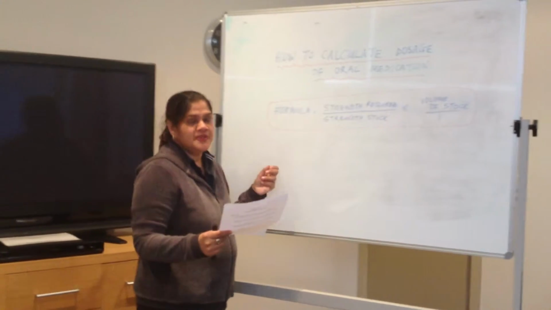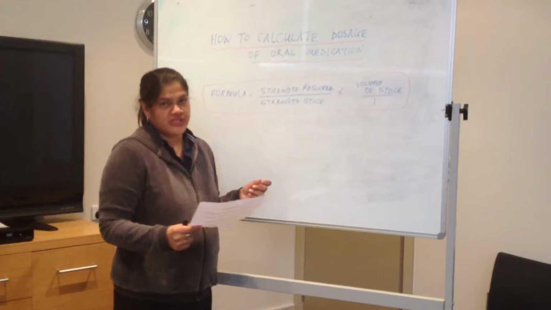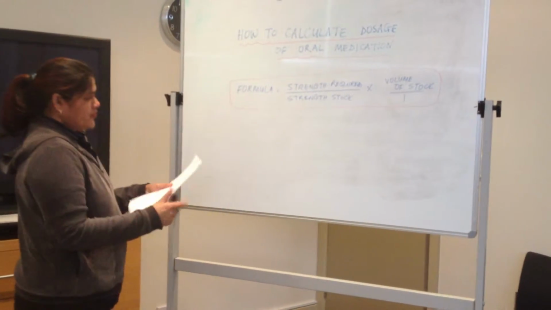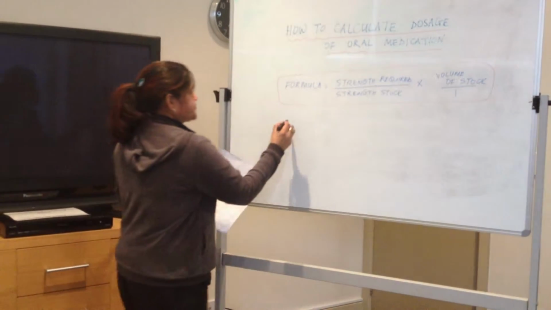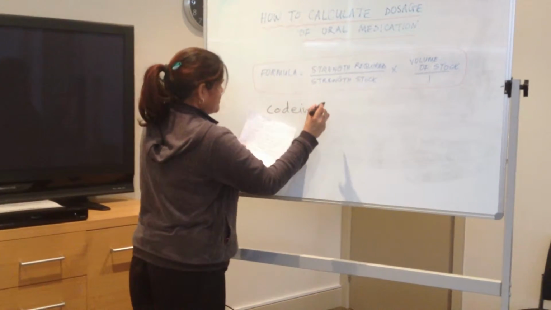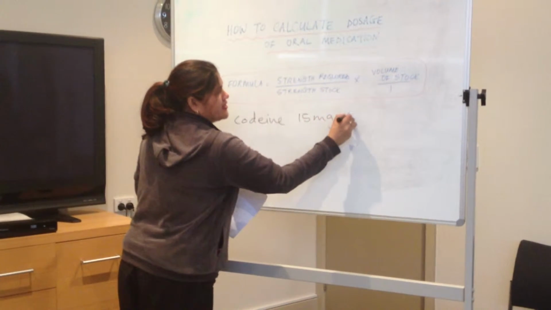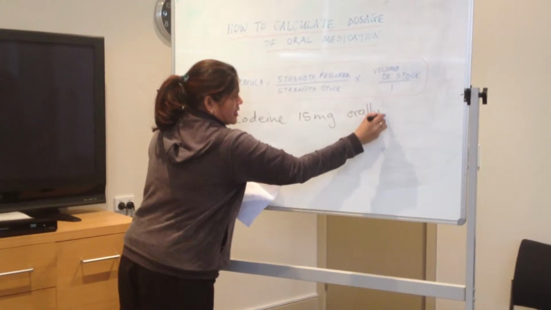Now, for example, if a patient is prescribed codeine, codeine is a tablet. This is what the doctor prescribes, and it has to be only 15 milligrams and given orally.